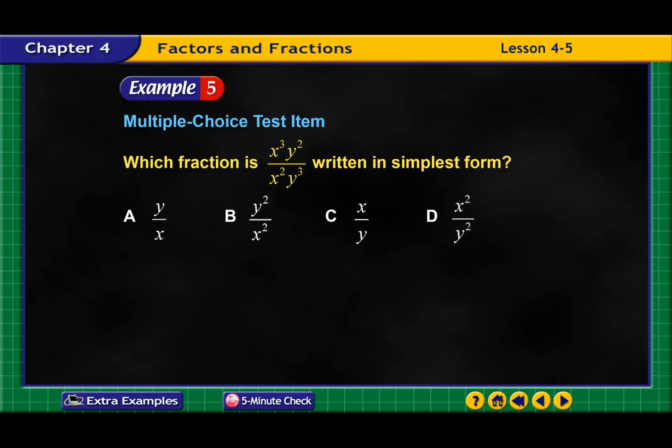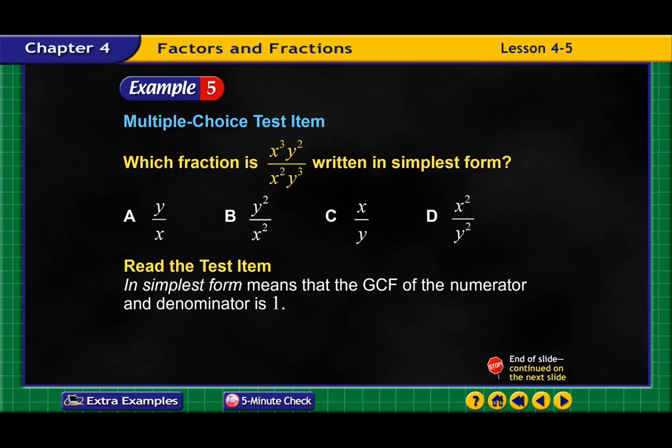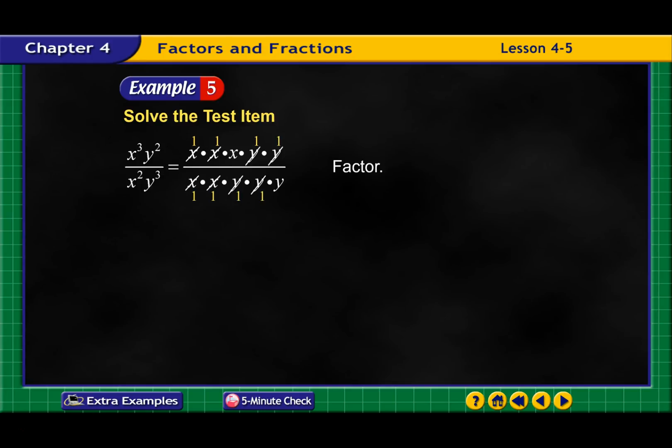All right, write this one in simplest form. So there's a couple ways you could do this. One, you could write it all the way out, which is fine. And simplest form means the greatest common factor of the numerator and denominator is 1. So solve the test item. First we factor it out, cancel out whatever we can, which leaves me with x over y.